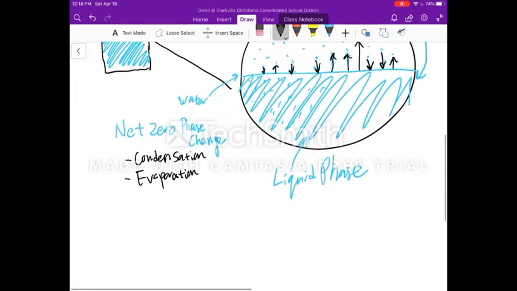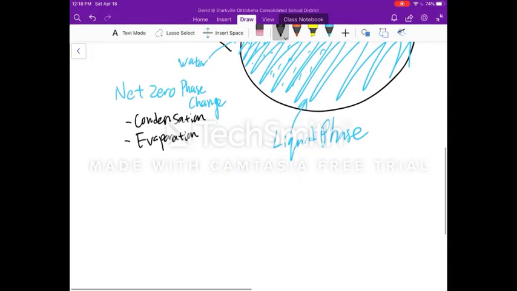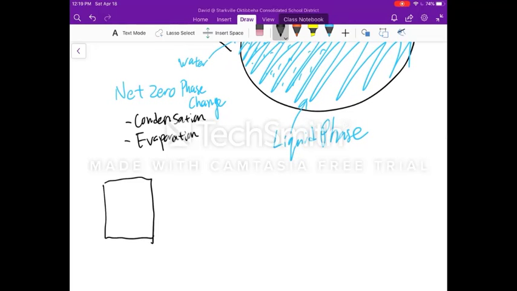Now let's say that we have another container of water, and we decide to turn it up, not to boiling, but to a little bit above what we would normally call room temperature. Let's say it's about 100 degrees Fahrenheit.